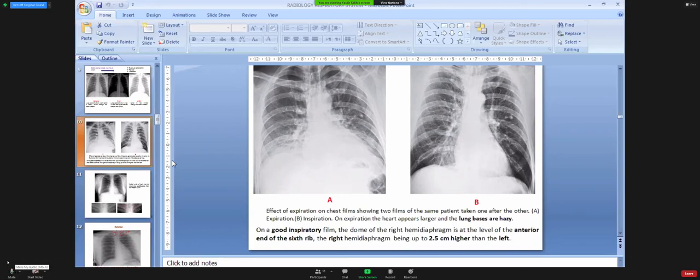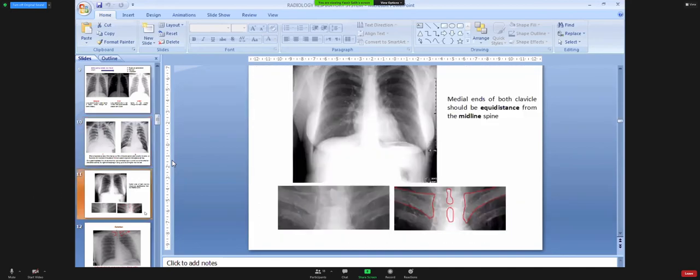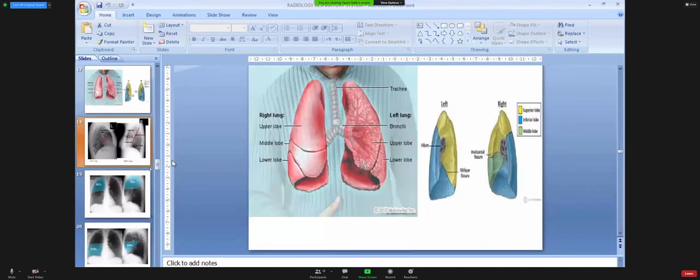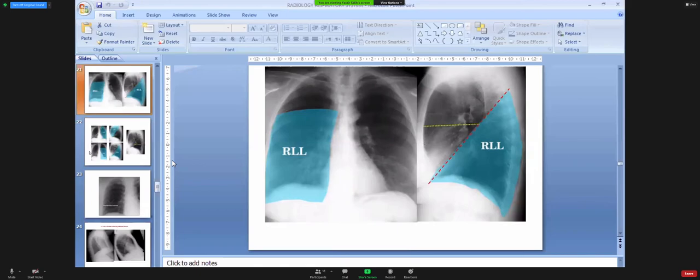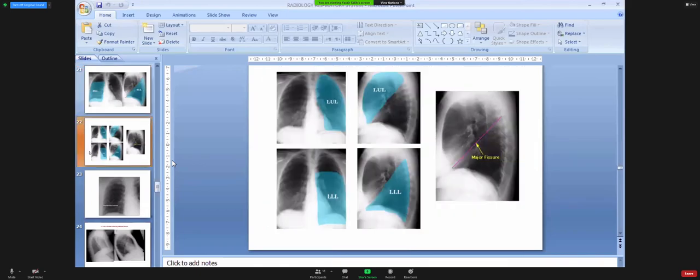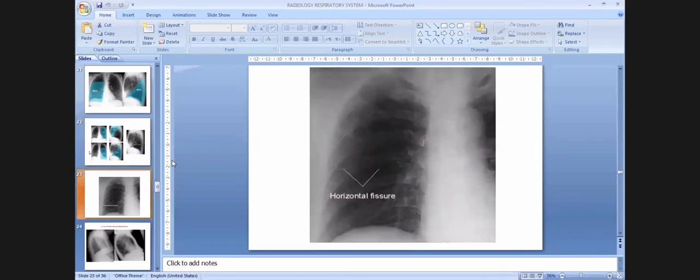Doctor, I have a question about slide 23. Is there any question going to be asked about this picture other than the modality and the view? No, because this is a horizontal fissure.